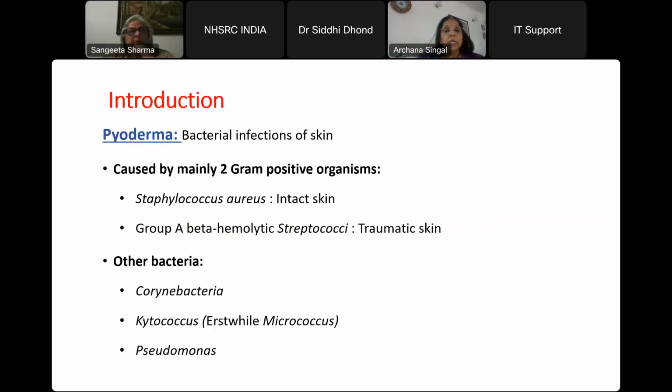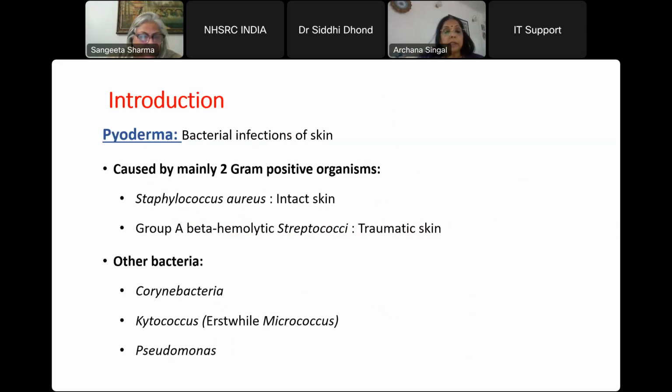So for bacterial infection of the skin, the umbrella term used is pyoderma, but it doesn't convey what we are talking about. Pyoderma is just an umbrella term for bacterial infection, and it is mainly caused by two types of gram-positive organisms: staphylococci, which can invade the intact skin, and group A beta-hemolytic streptococci, which usually infect traumatized skin.